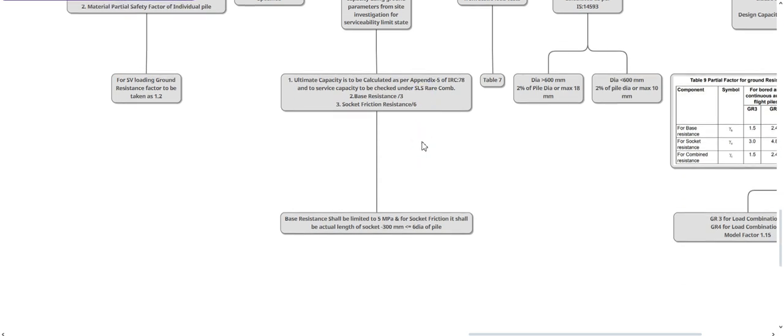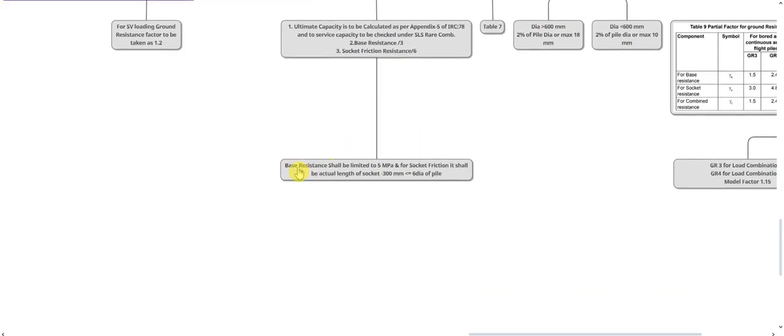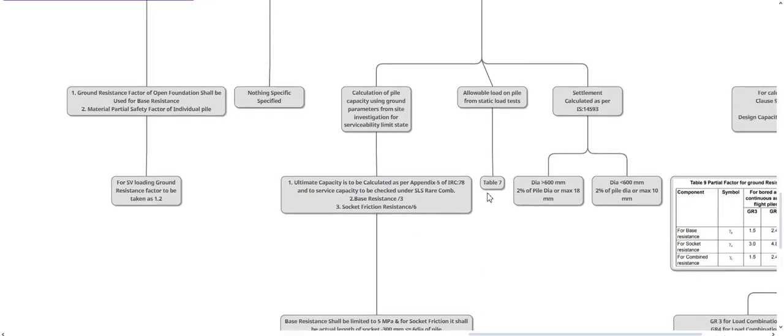It places additional checks that need to be considered. First, the base resistance shall be limited to 5 MPa, and for socket friction it shall be the actual length of socket, whatever the length of socketing we are doing, minus 300 mm, and this shall also be less than or equal to the diameter of pile.